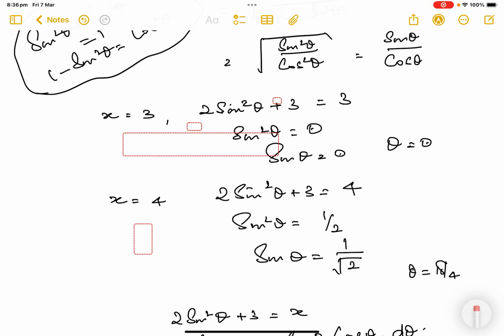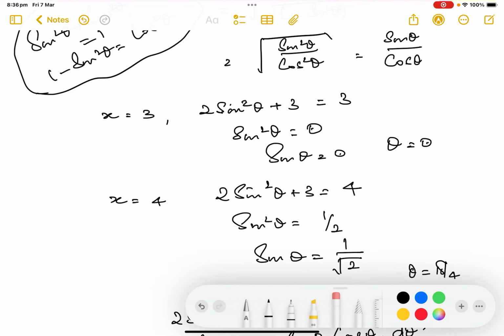We know the limits of x, but we need to find the limits for theta because of the substitution. For x equal to 3, 2 sine squared theta plus 3 equals 3. Take 3 to the other side, 3 minus 3 is 0. So 2 sine squared theta equals 0, sine squared theta equals 0, sine theta equals 0. From that, theta equals 0.